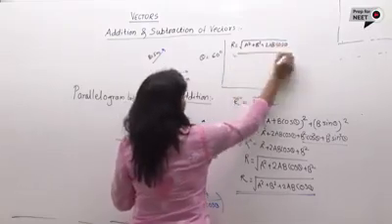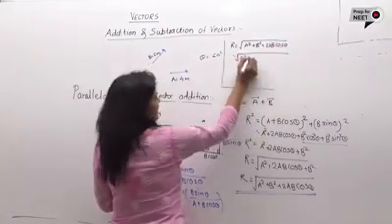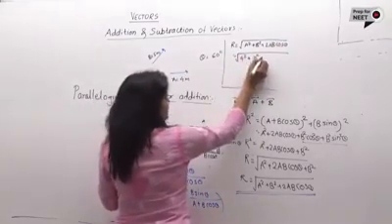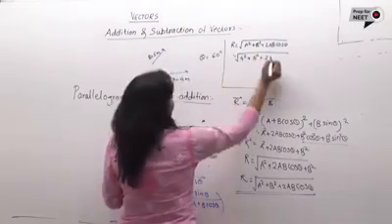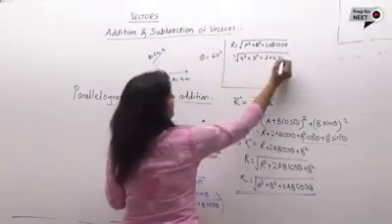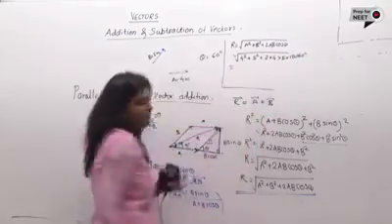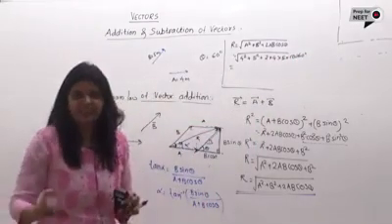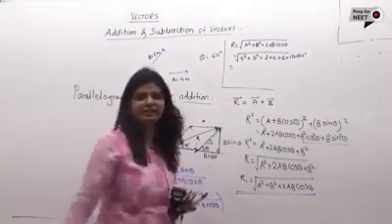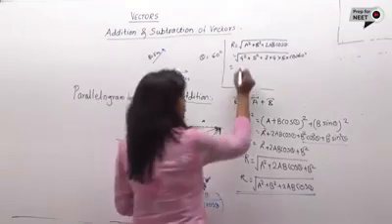What are the values given? It's 4 square plus 5 square plus 2 times 4 into 5 into cos 60. How much is cos 60? You must be aware of all the trigonometric values. It's half.